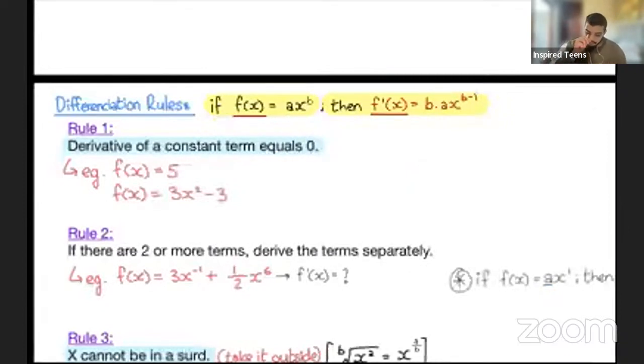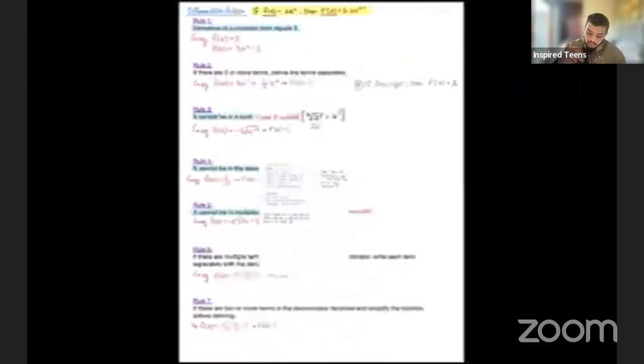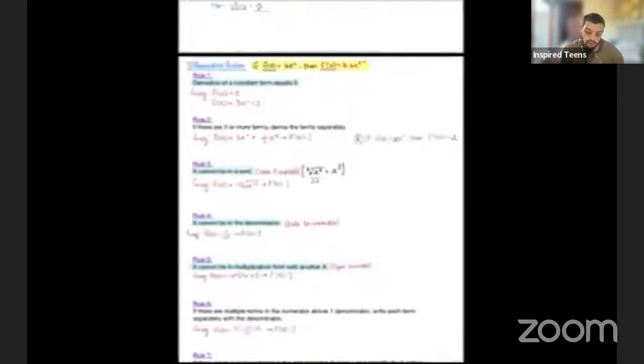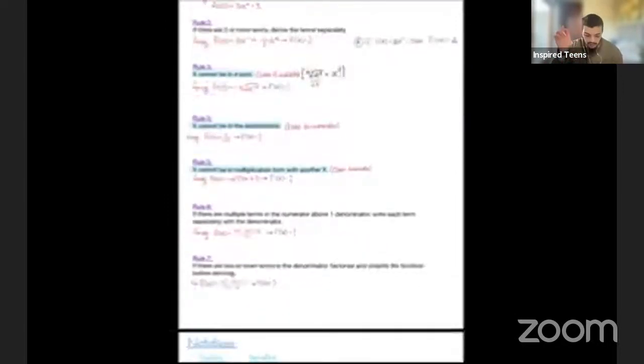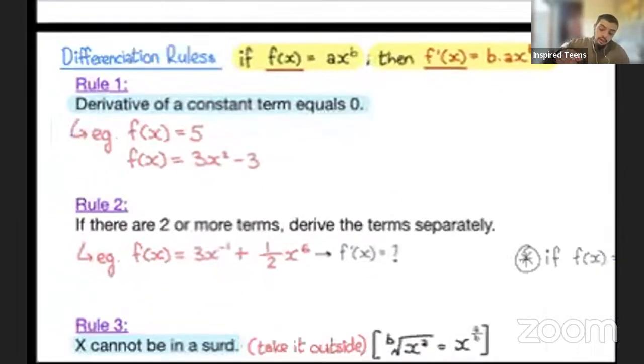The ones that are highlighted, we're going to go through first, because those are the main differentiation rules. Then the others we'll go through afterwards. They are just other certain rules that we need to follow, that we need to understand in order to derive. So let's go through the differentiation rules first.